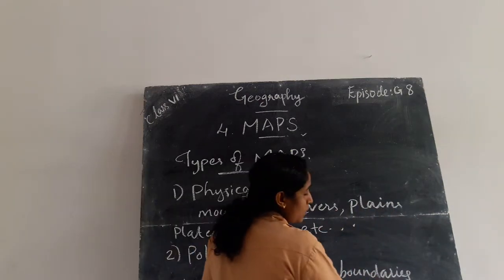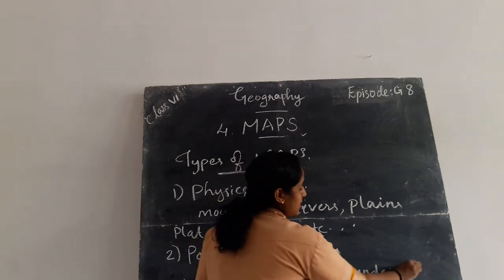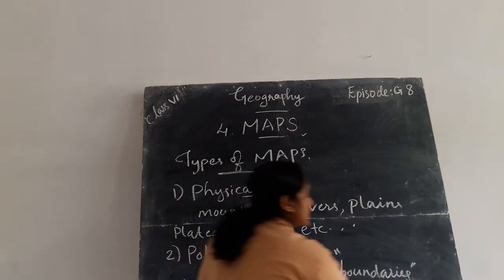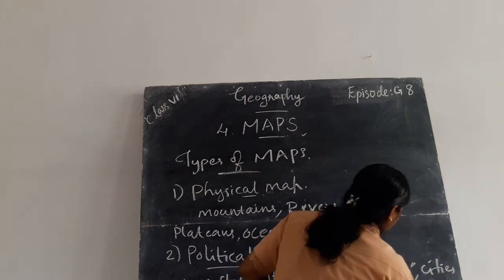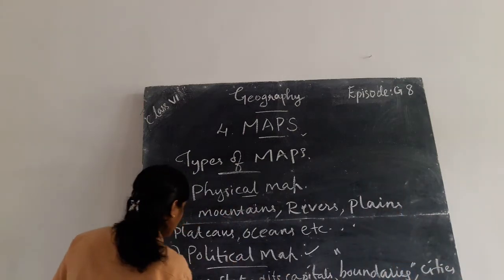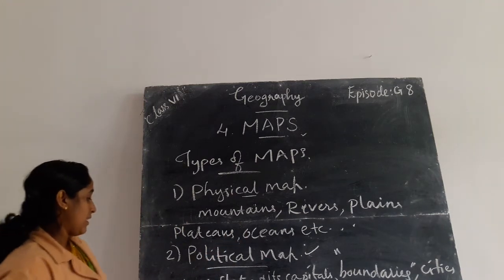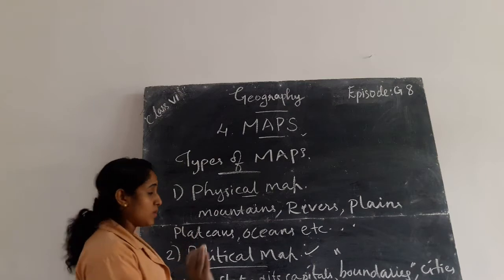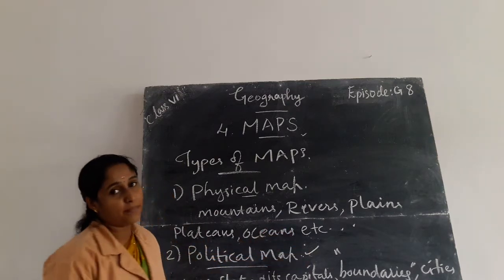Boundaries of states and countries, and cities, etc. These types of political things are shown in a map, and that map is called a political map.